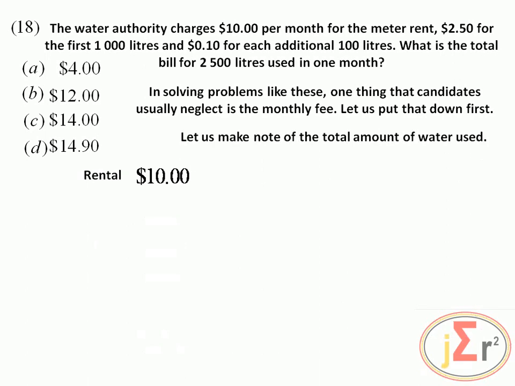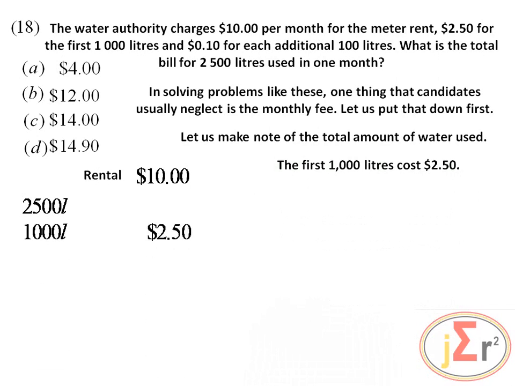So let us make note of the total amount of water used. We have it right there, 2,500 liters. The first 1,000 liters cost $2.50. We'll take note of that also.